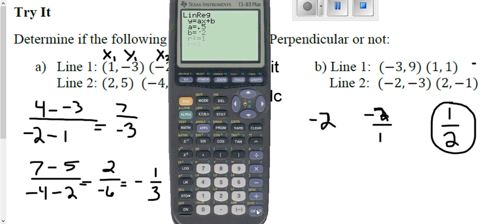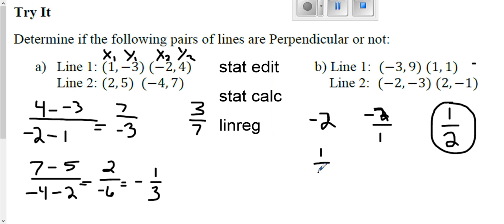Number 4. And we did get a positive 0.5. Again, you can put 0.5 in math fraction, and you'll see it's 1/2. So we got -2 and 1/2. And you want to double check, multiply them, you'll get -1. So these lines are perpendicular. So you can put yes or perpendicular, be fine for an answer for that.